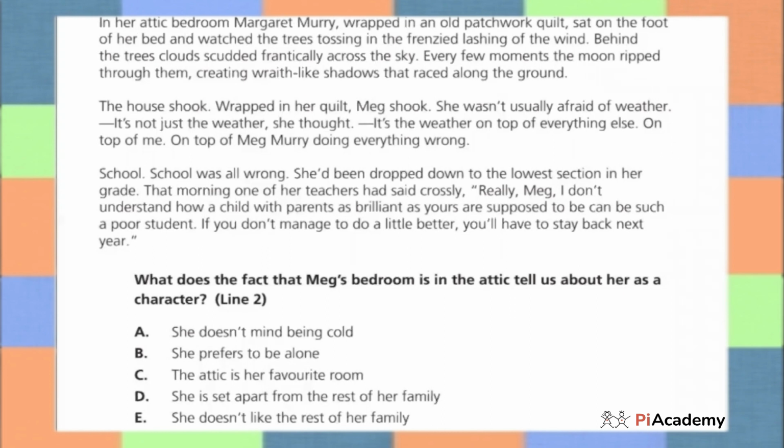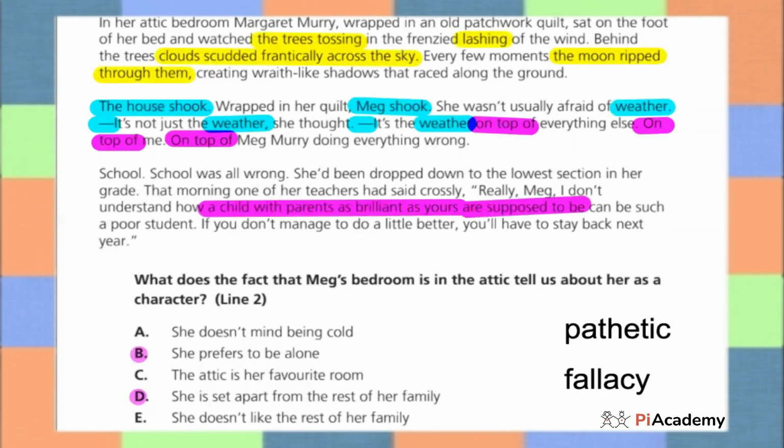We've got some correct answers in the chat there. Okay, we're looking at B and D. She prefers to be alone and she's set apart from the rest of her family. So we know that in the attic bedroom, you are set apart.